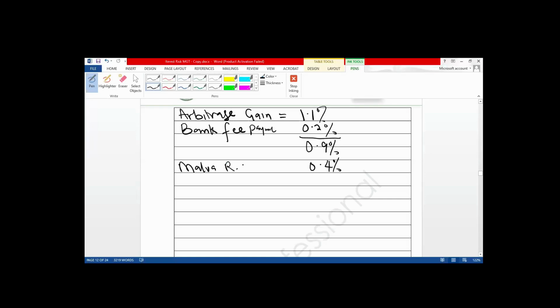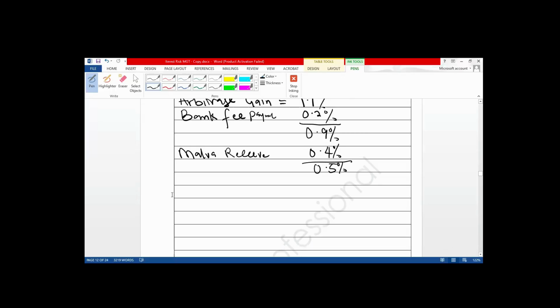MAVA receives 0.4. That means you are left with 0.5. Then Genista will receive the 0.5. We are done sharing.